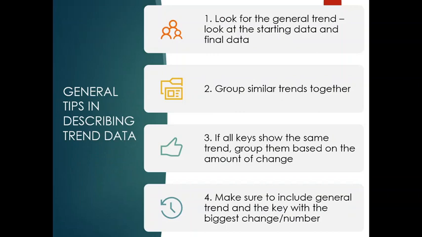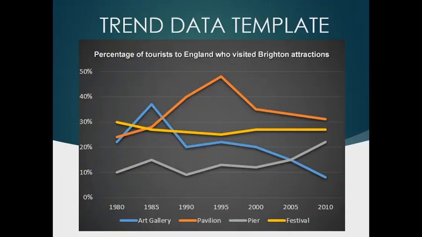Okay, so again, general tips in writing trend data or describing trend data. The first thing that you have to do is to look for the general trend. How to do this? You have to look at the starting data and the final data. When we say look at the starting data and the final data, that's the time that you can know the trend.